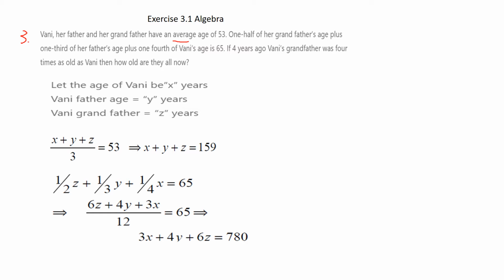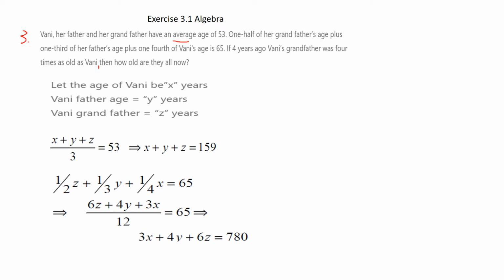This is the first condition. 1/2 of her grandfather's age plus 1/3 of her father's age plus 1/4 of Vani's age is 65. This is the second condition. If 4 years ago, Vani's grandfather was 4 times as old as Vani, then how old are they all now? This is the third one.